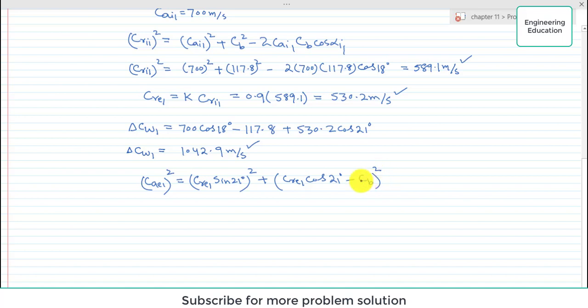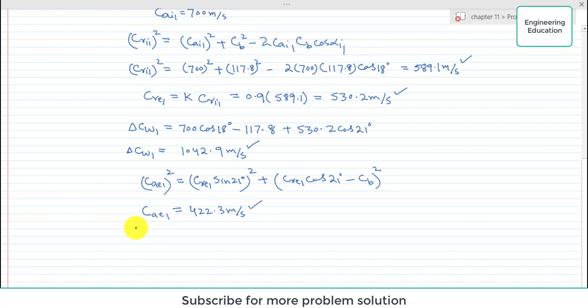So simplifying this, we get the value of CAE1 is equal to 422.3 meter per second. So this is the value of absolute velocity at exit for first row.